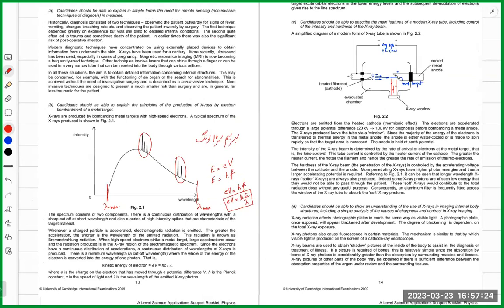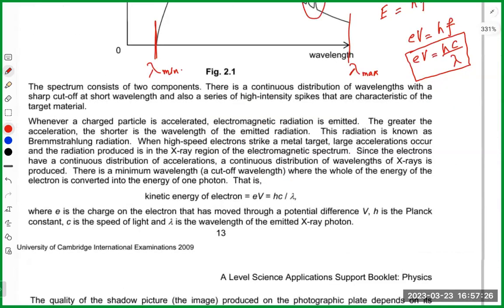Now, one thing. How can we find out the wavelength and frequency of the photon emitted?